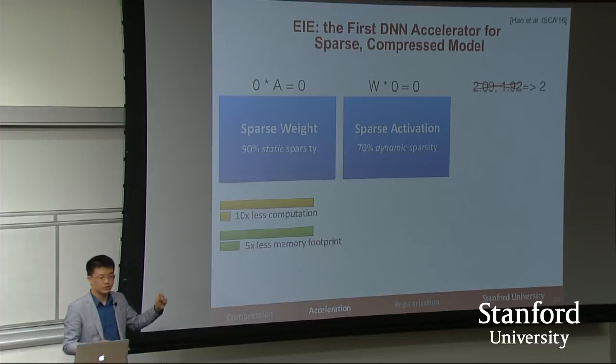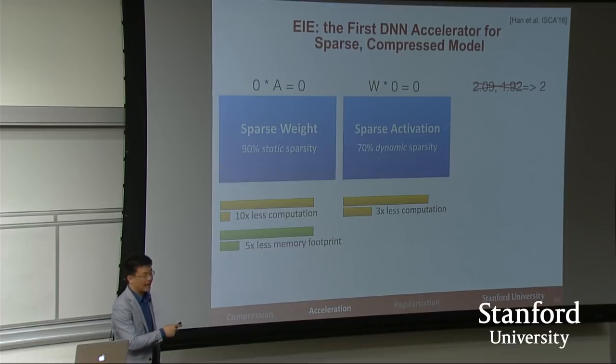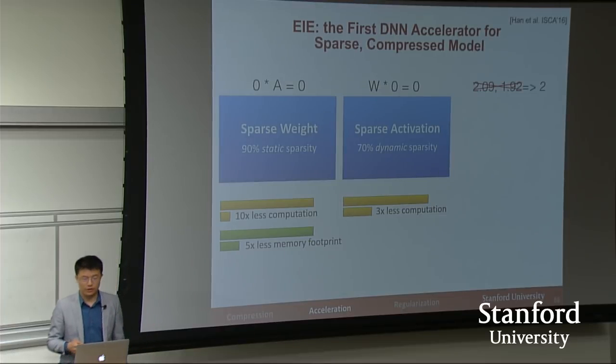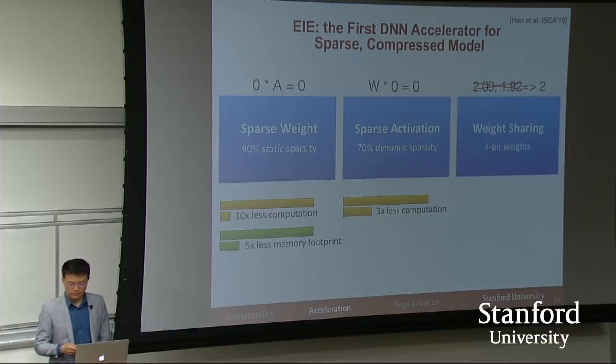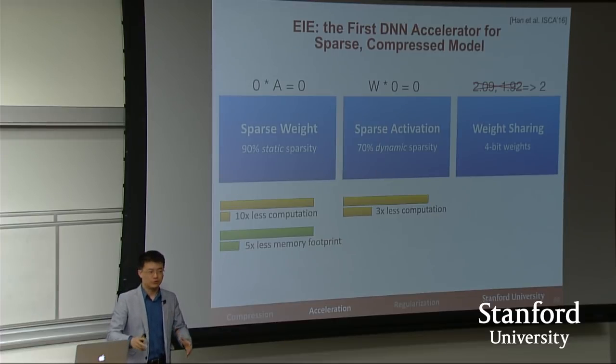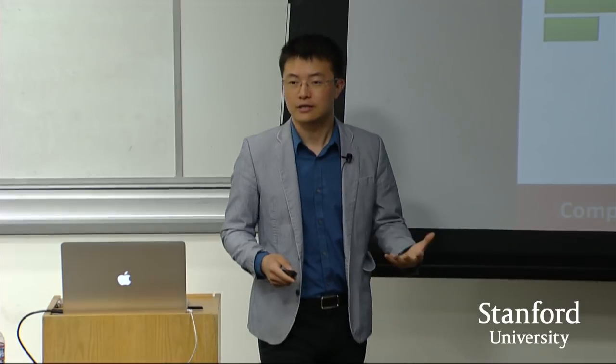The 2x difference is due to the index overhead. By taking advantage of sparse activation, meaning after ReLU, if the activation is 0, then ignore it, you save another 3x in computation. And by such a weight sharing mechanism, you can use 4 bits to represent each weight rather than 32 bits. That's another 8 times saving in memory footprint.